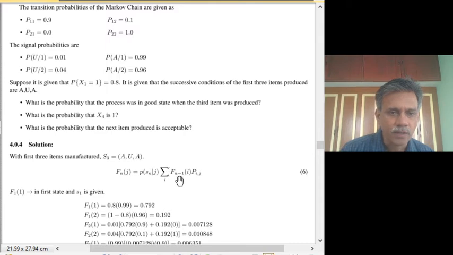And what are these two factors? To come to 2 at the second time, you can go from 1 to 2, or from 2 to 2.